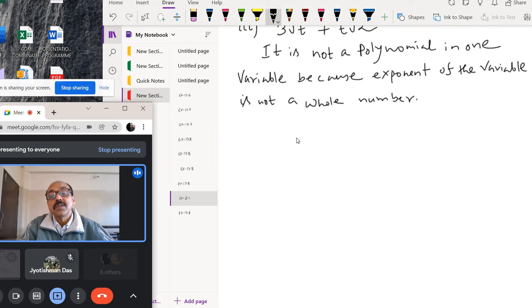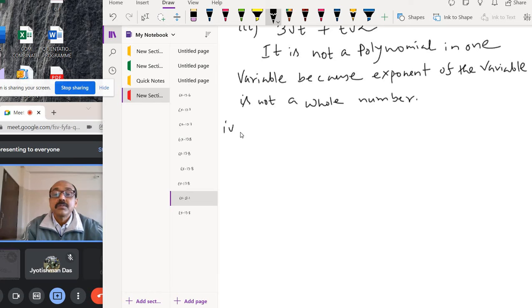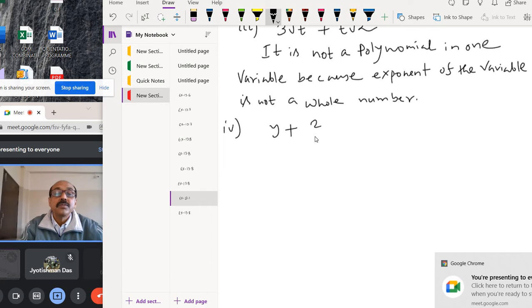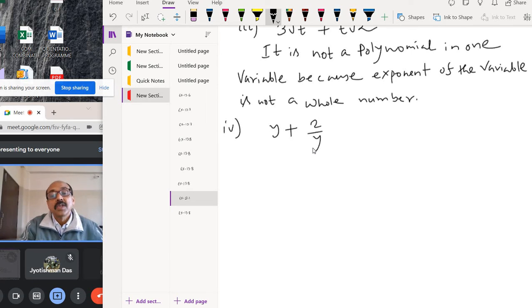Next, question number 4. y plus 2 by y. Okay. y plus 2 by y means y plus 2 times 1 by y, and 1 by y means y to the power minus 1.